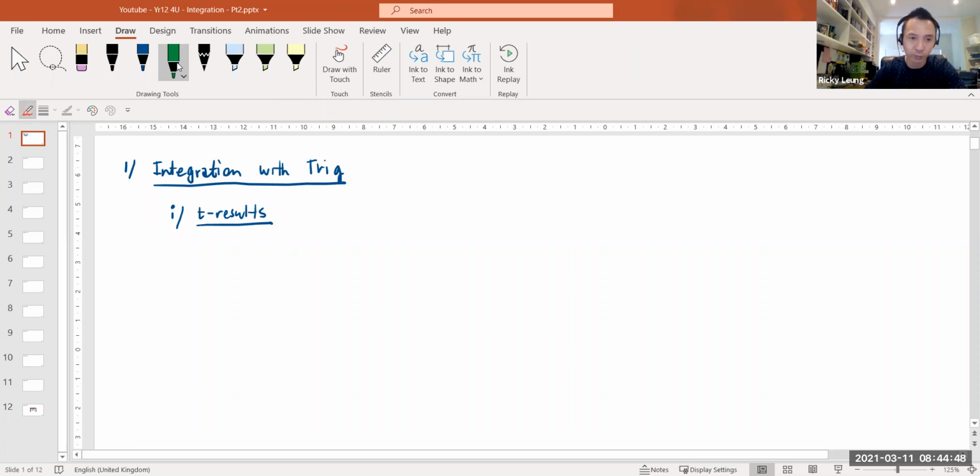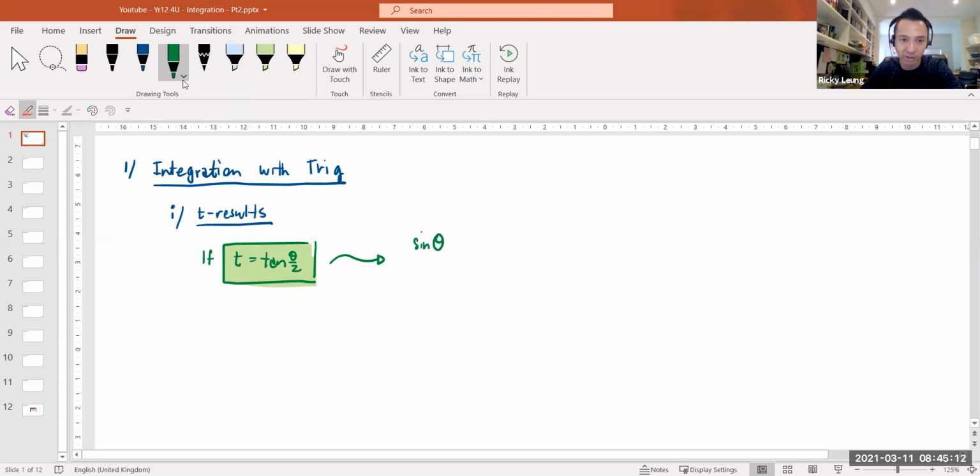So let's recall T results, where T results in 3-unit or extension 1 maths basically said, if I substitute T to be the half angle of tan, that opens up a number of things. So without re-deriving the formulae, I'm just going to give it to you.